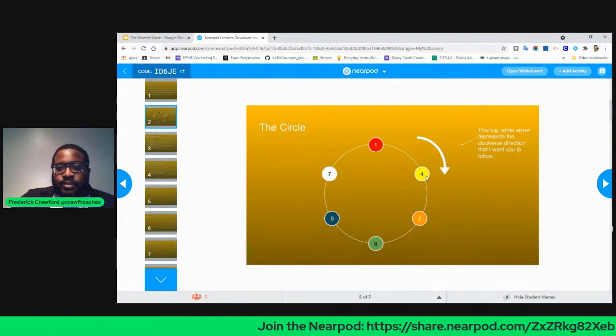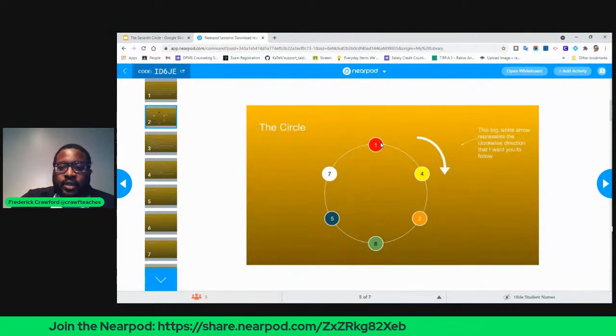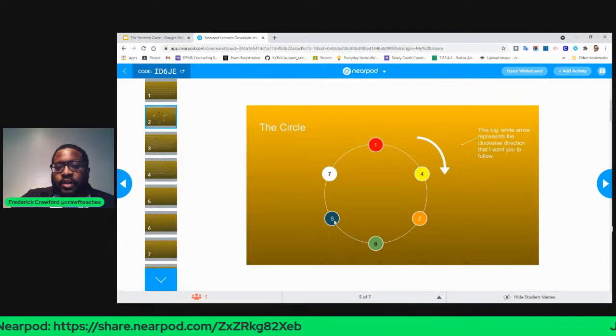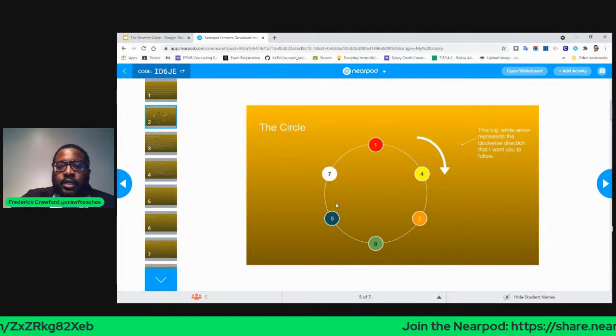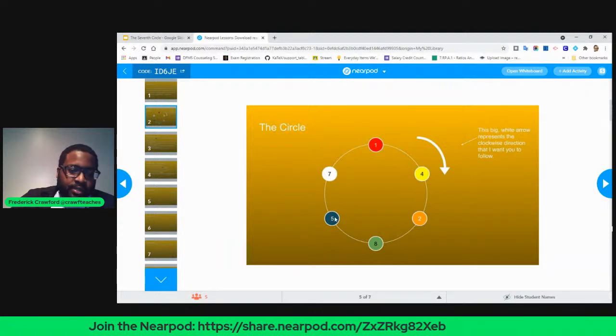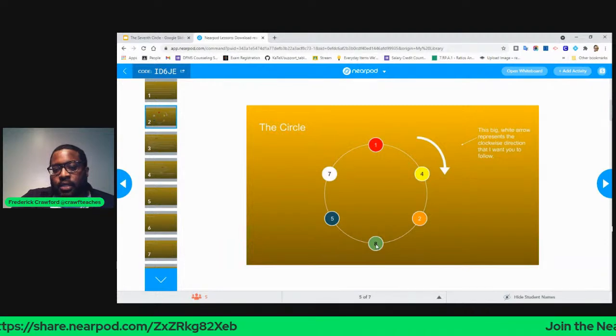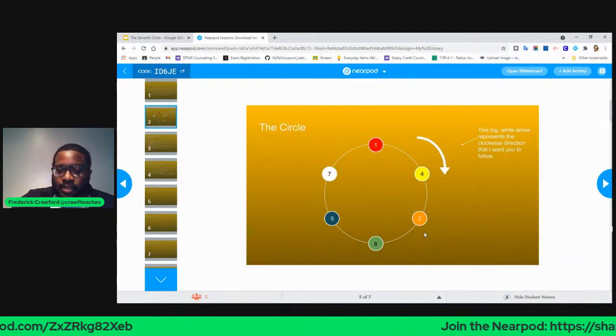And then 3/7, we start at the 4, go clockwise until we get to the 1. And 4/7, we start at the 5, go clockwise until we get all the way to the 8. And 5/7, we start at the 7, go around clockwise until we get to the 5. And for 6/7, we start at the 8, go around clockwise until we get to the 2.